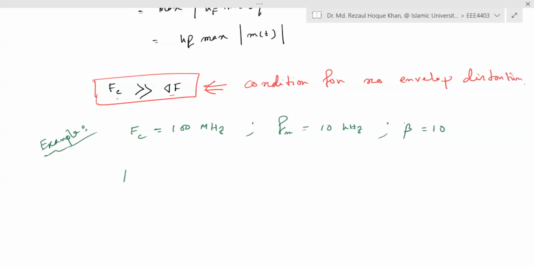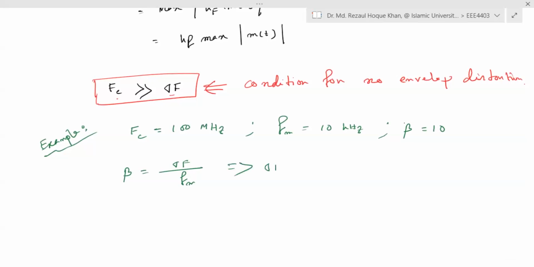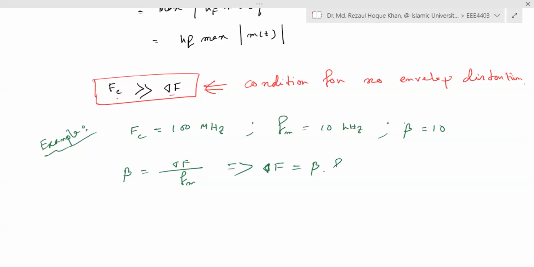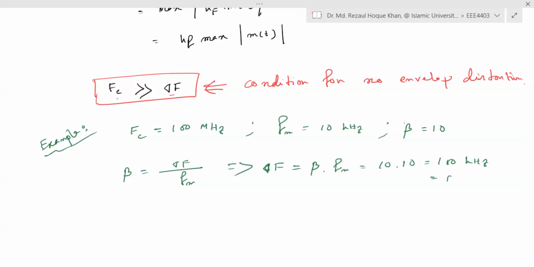We know beta is del f by fm, so del f will be beta times fm, which is 10 times 10 kilohertz, that is 100 kilohertz, or 0.1 megahertz.